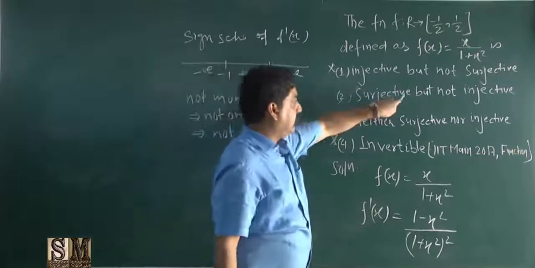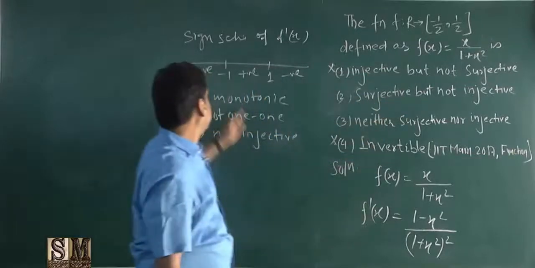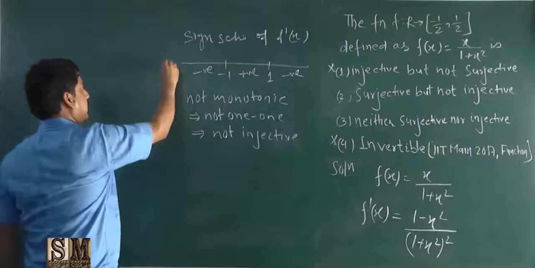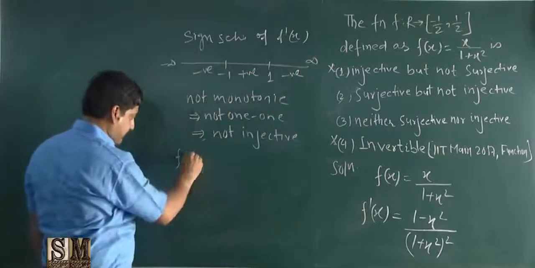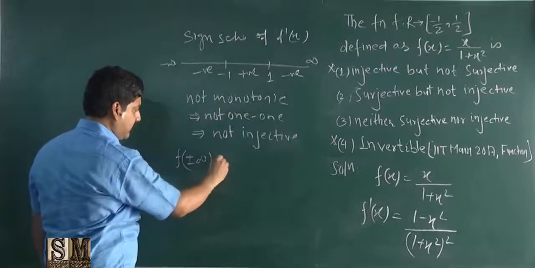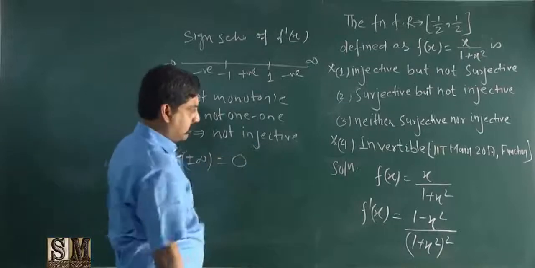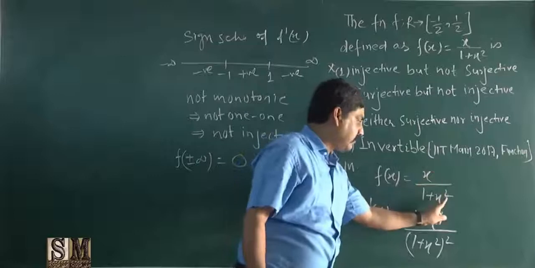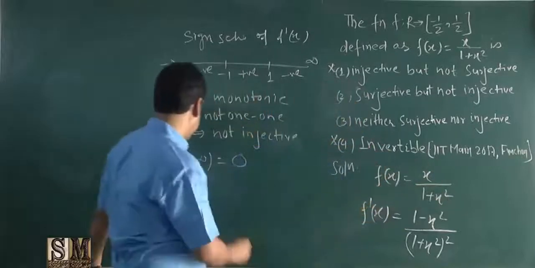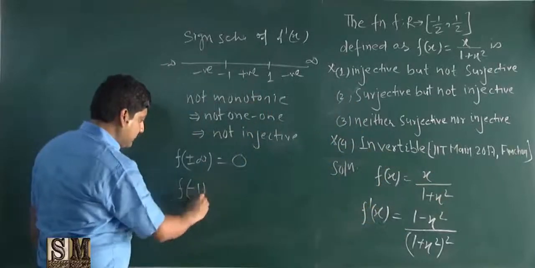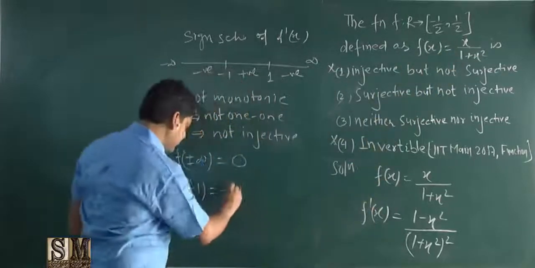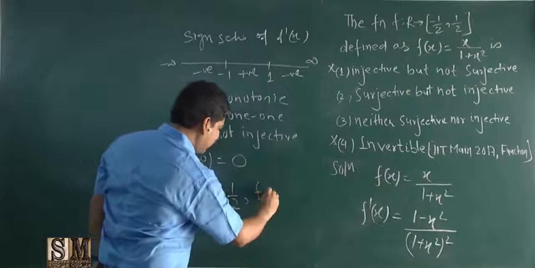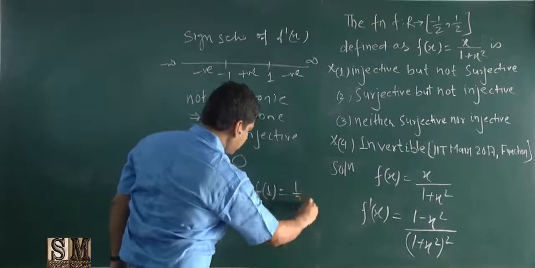For surjective, whether surjective or not, we will take help of this. This is minus infinity, this is infinity. At plus minus infinity, this will be 0, because the power in the denominator is more. At minus 1, this will be minus 1 by 2, and at plus 1, this will be 1 by 2.